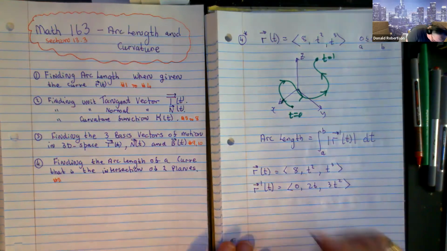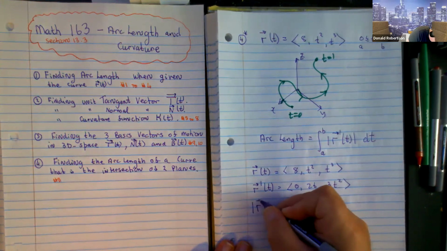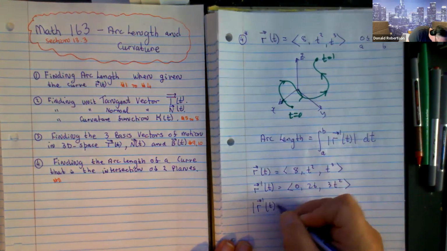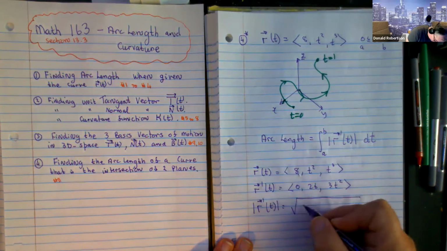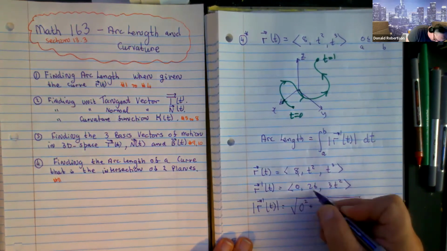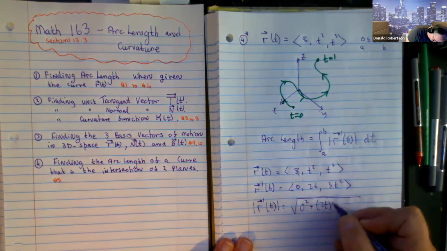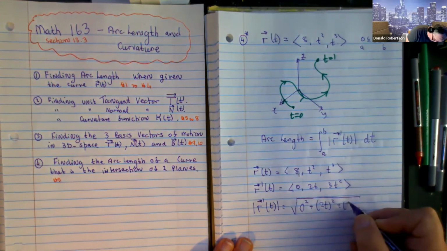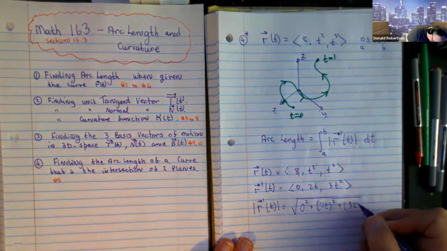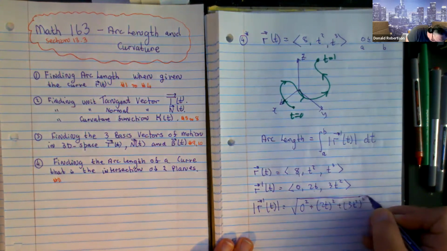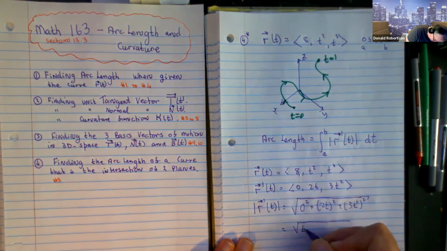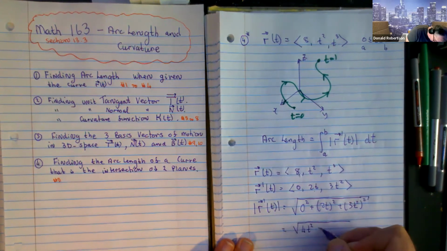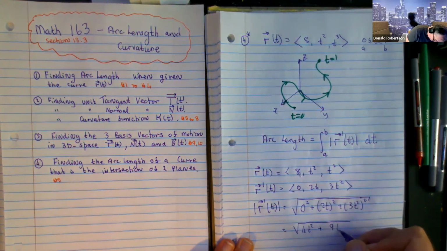Now what's going to happen is we're going to find the magnitude of this guy. And that's going to be the square root of this guy squared plus the middle guy squared plus the end guy squared. And in this question, that ends up being 4t squared plus 9t to the 4th.